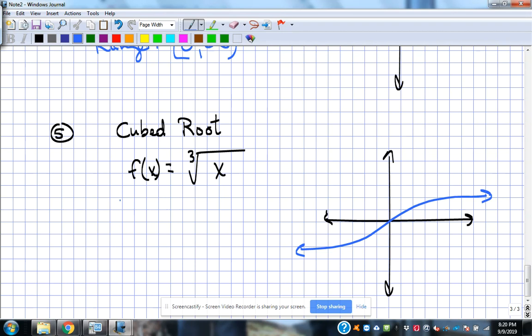Okay. The domain, negative infinity to positive infinity. The range, same.